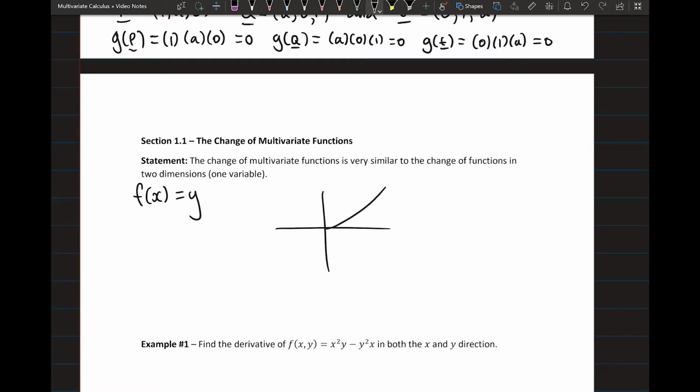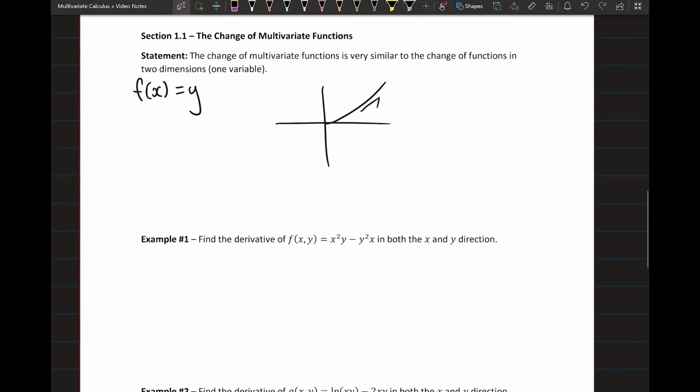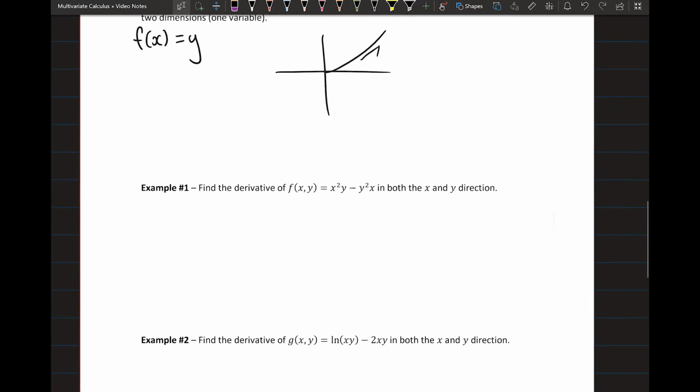If we were looking at a parabola, we were just looking at the slope of the tangent line. With the partial derivative, you can look at the slope of the tangent in a particular direction, but we can furthermore develop this into the concept of looking at the slope of the tangent vector and the tangent plane, which we will look into in later videos.